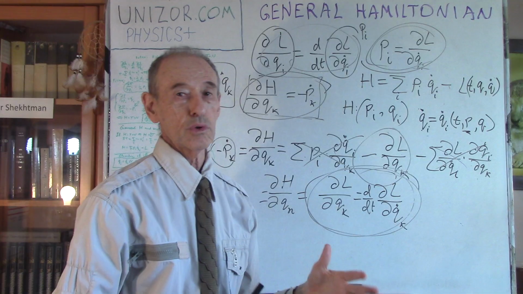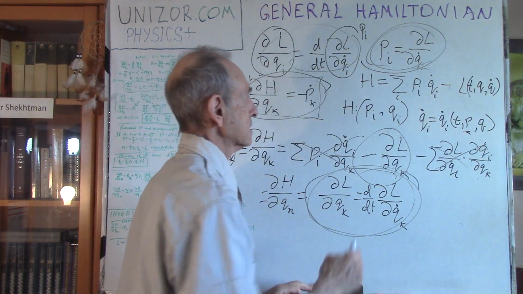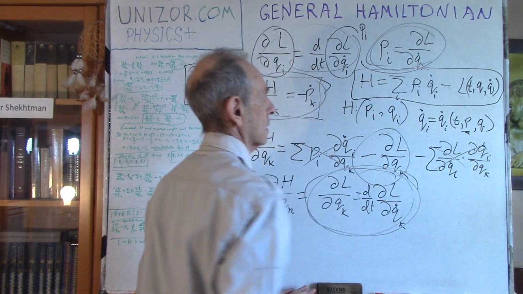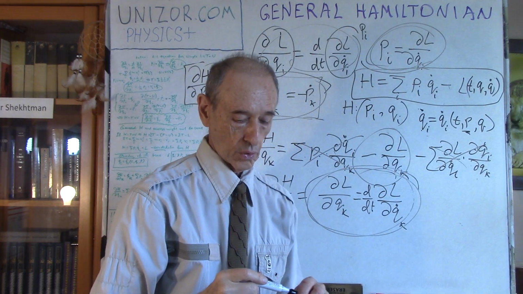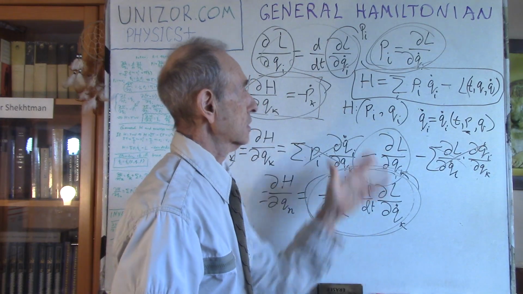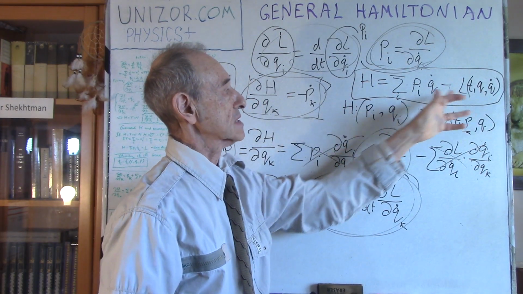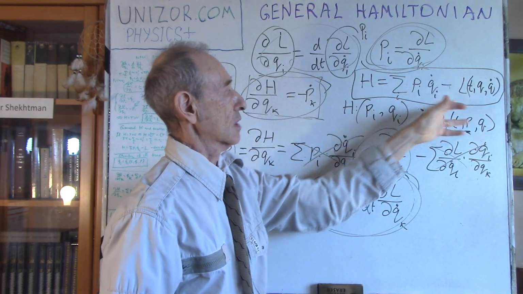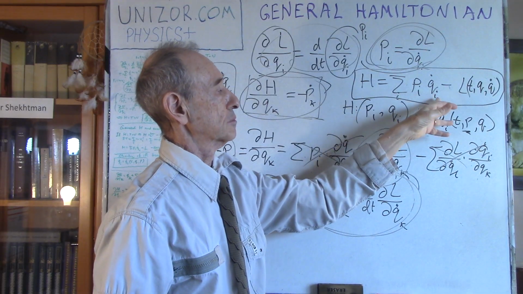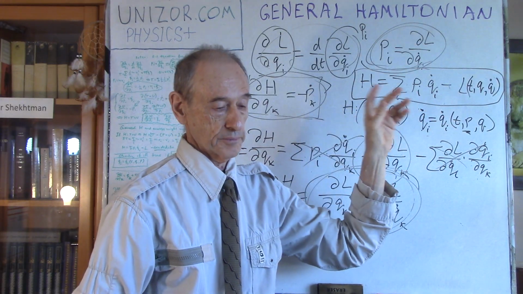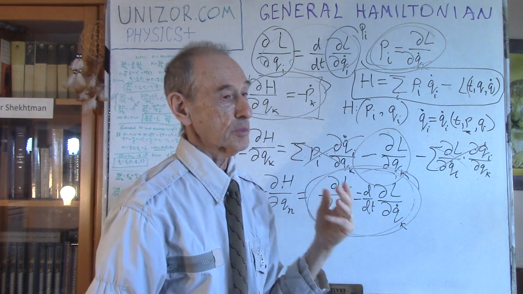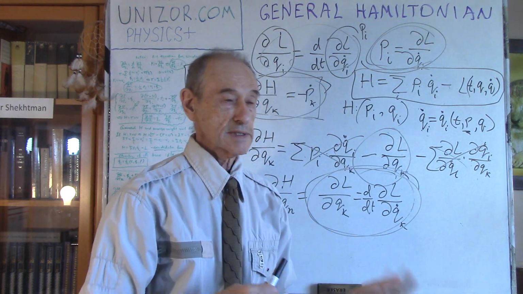So these two are equivalent, and this one is a generalized definition of the Hamiltonian. The Hamiltonian as a function is represented from the Lagrangian and independent coordinates and momentum in this particular formula, which we have semi-guessed.